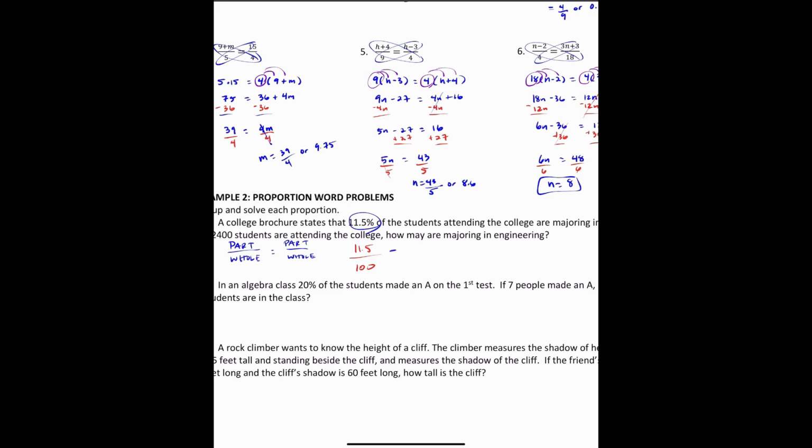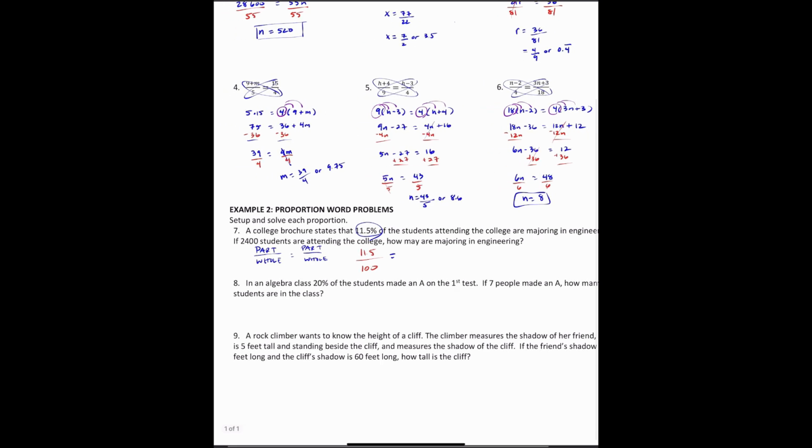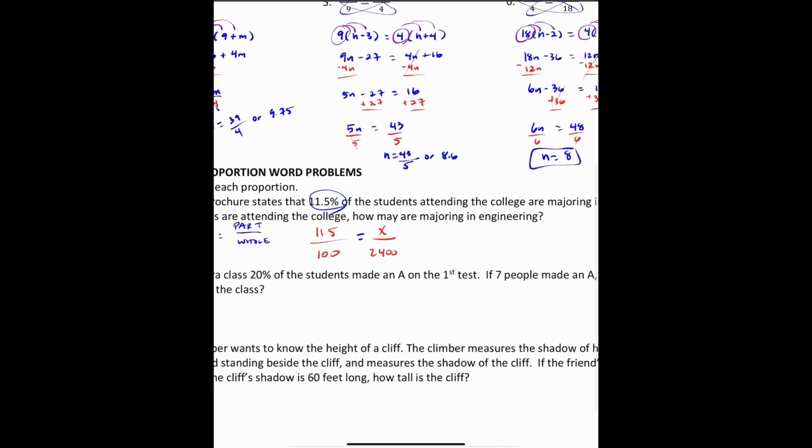So then I'm going to set this equal to this other part. We have if 2,400 students are attending the college, how many are majoring in engineering? So we know that the whole is 2,400, but we don't know how many people out of the 2,400 are majoring in engineering. So we're going to leave that as x.